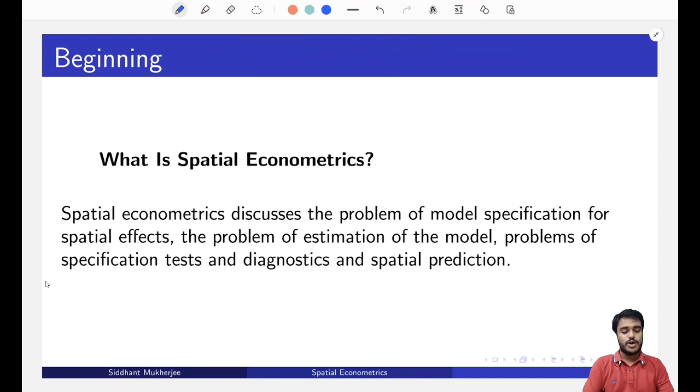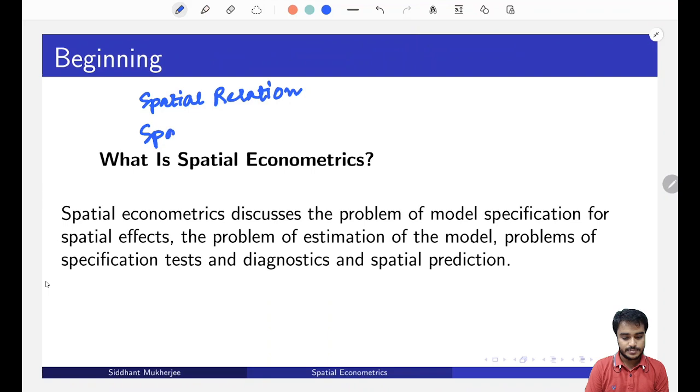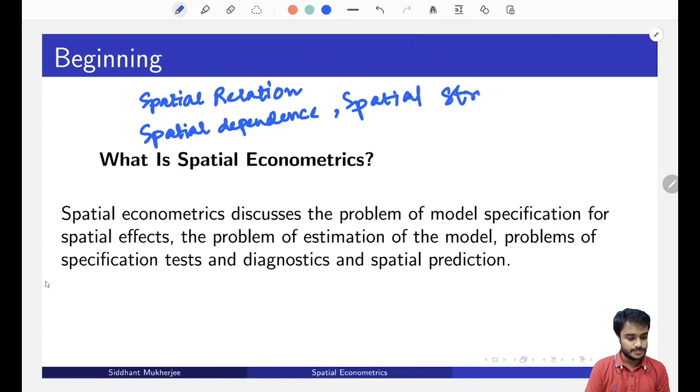We should know about spatial relation, spatial dependence, and spatial structure.